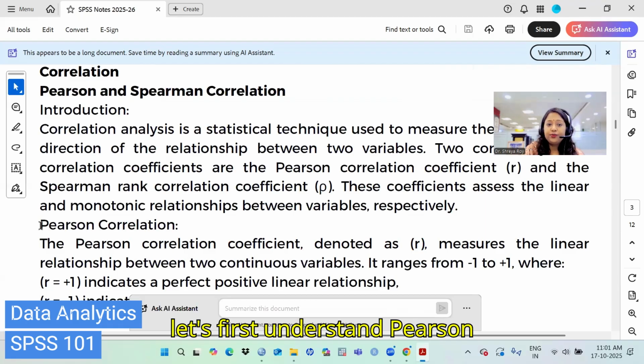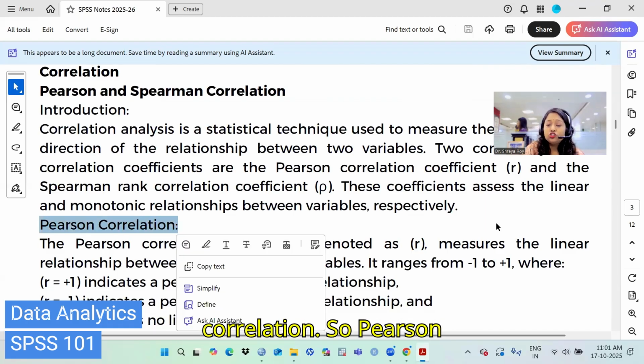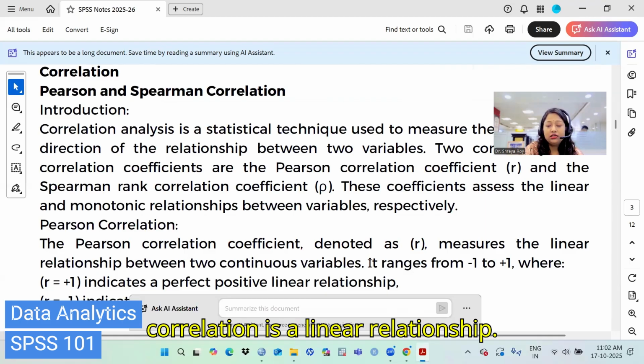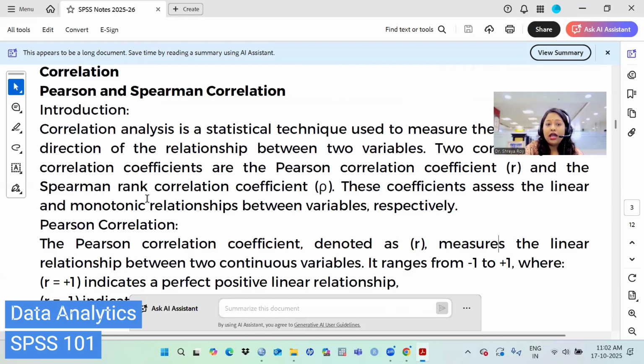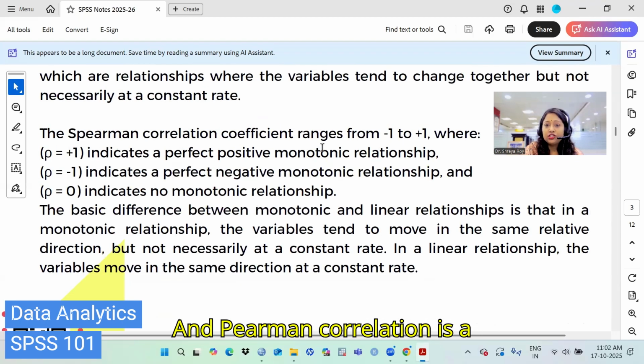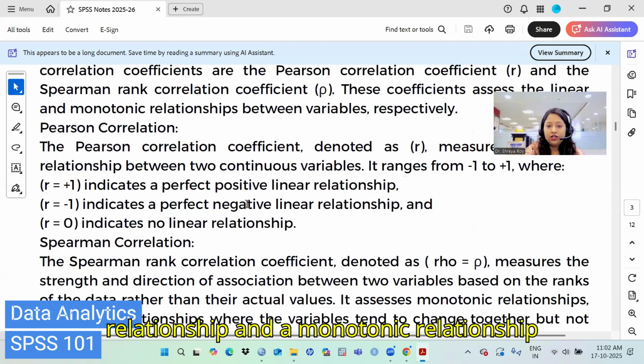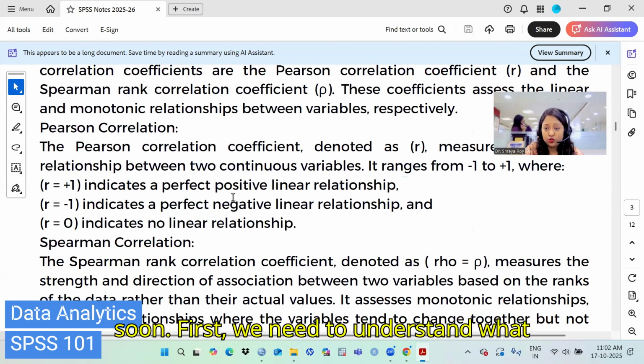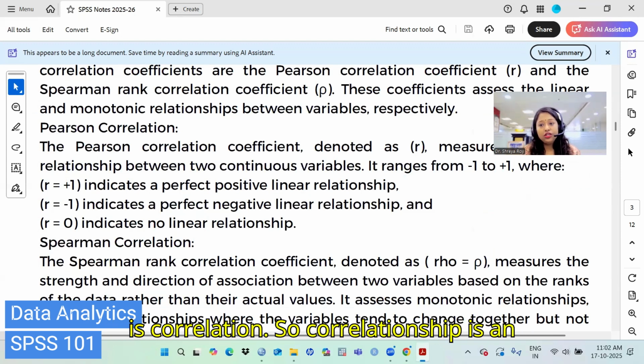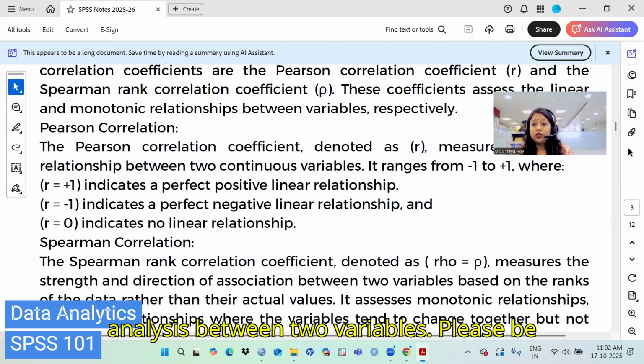Let's first understand Pearson correlation. So Pearson correlation is a linear relationship, and Spearman correlation is a monotonic relationship. We'll understand the difference between a linear relationship and a monotonic relationship soon. First, we need to understand what is correlation. So correlation is an analysis between two variables.